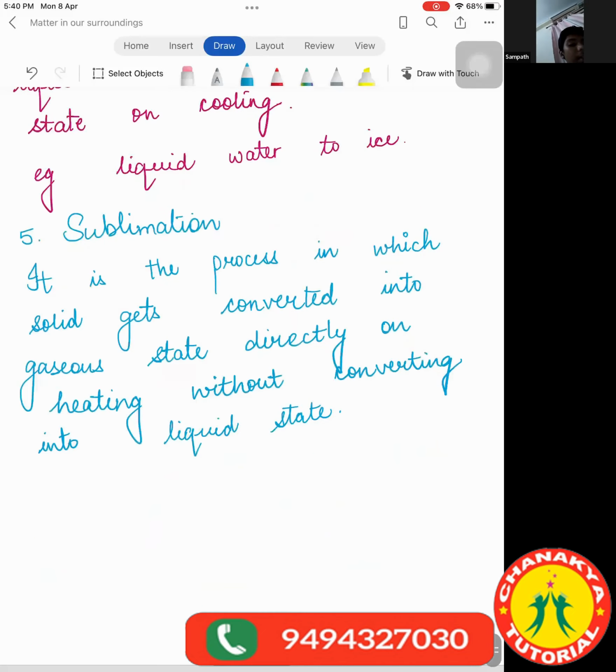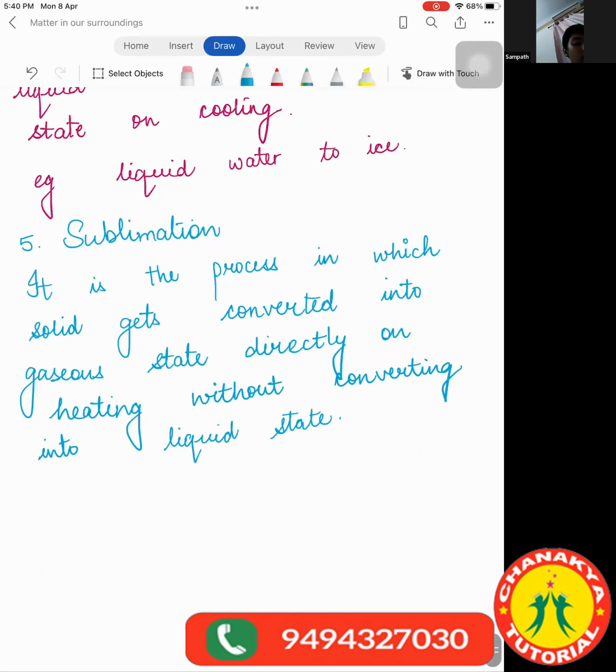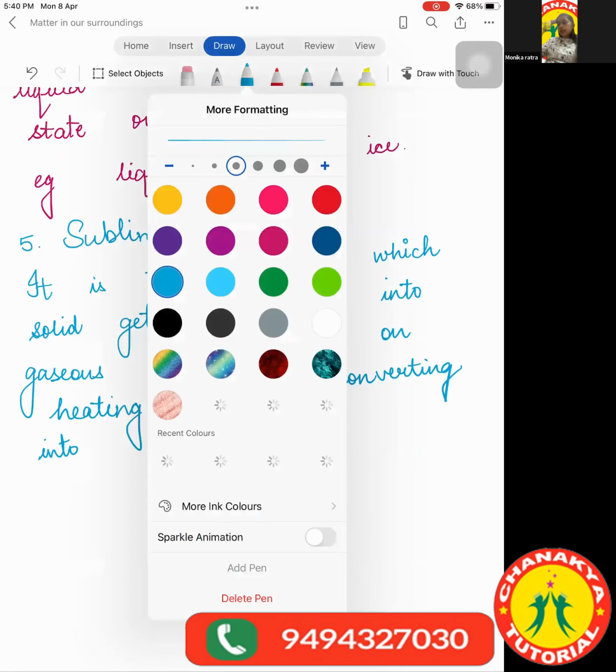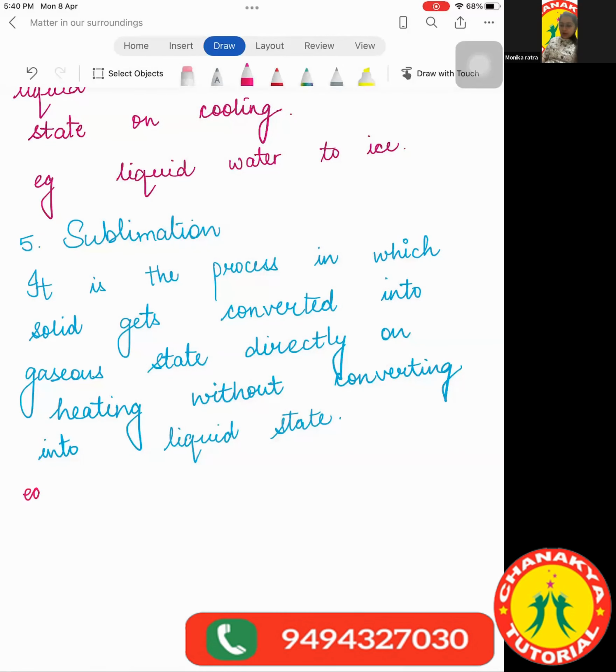Ma'am, for this example can be camphor. Yes, very good. So there are only specific substances which undergo sublimation. I am going to tell you all of them so that in case you observe any of them in the exam, because sometimes the question comes why this is a sublime substance, then you have to mention that it is getting converted from solid to gas directly.